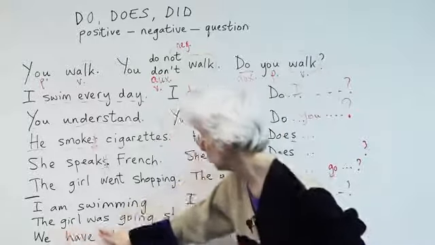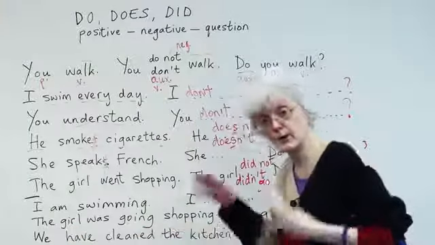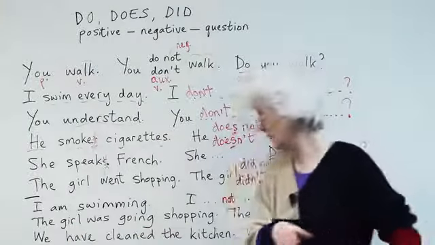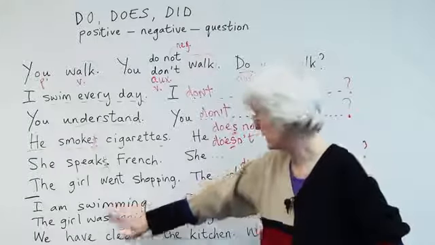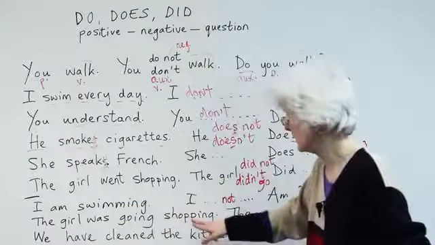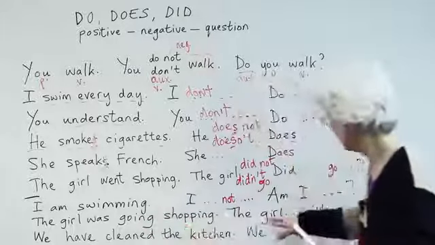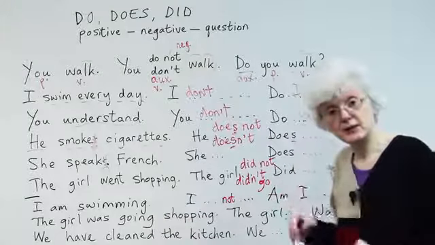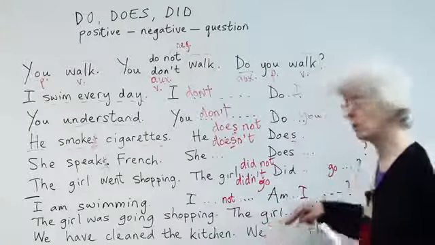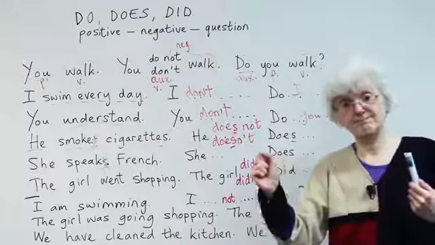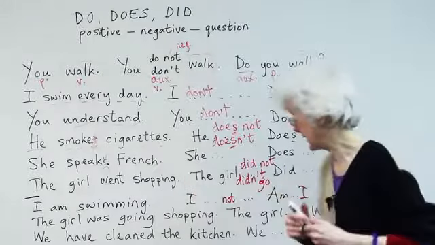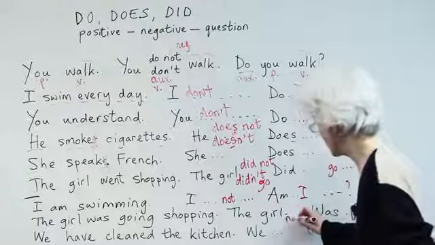Similarly, the girl was going shopping. We're in the past continuous tense now. That's present continuous. This is past continuous. The girl was going shopping. What do you think the negative might be? The girl was not going shopping. The girl was not.